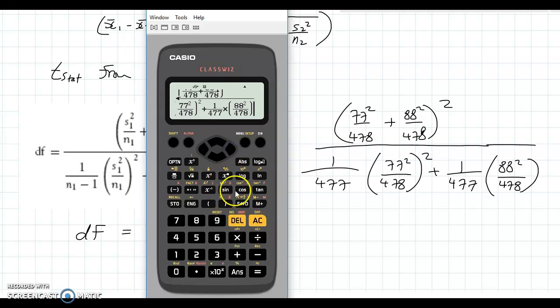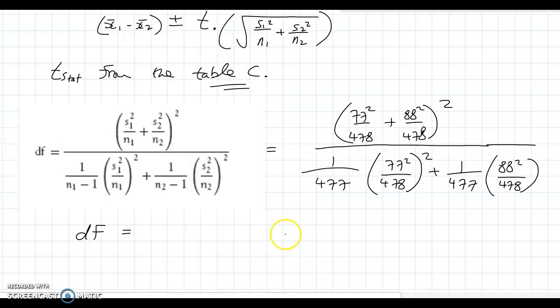Now that's a big long mess, but I'm going to press equals, and I get 2295.106.